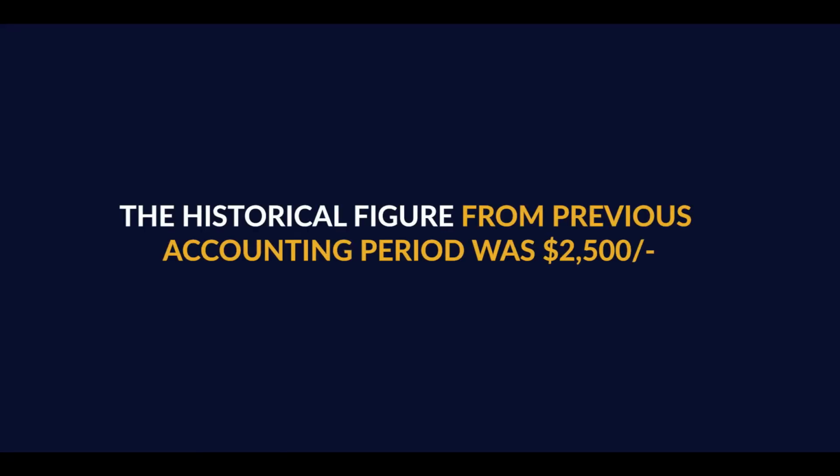So we go on the opposite side now, because it's a reduction. An increase will always be on the expense side, but because we have a reduction, we have to do the opposite of expense, and the opposite of expense is income. So we go on the opposite side now, and we need to make an adjustment. The historical figure coming from the previous accounting period was 2,500.